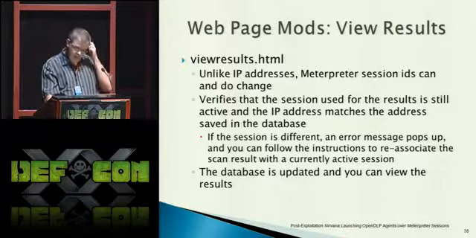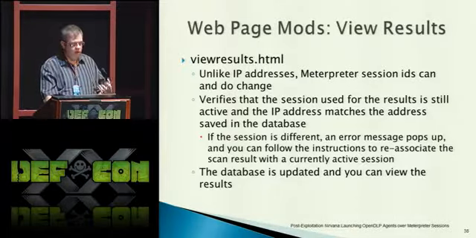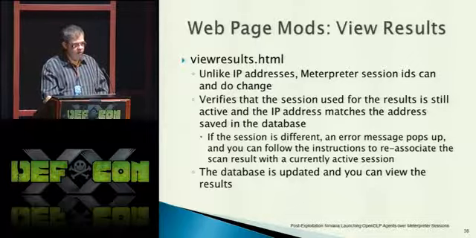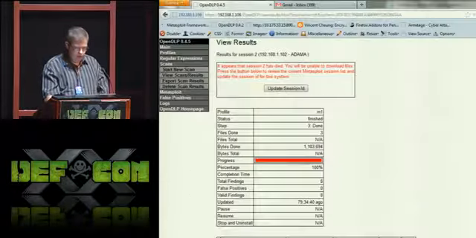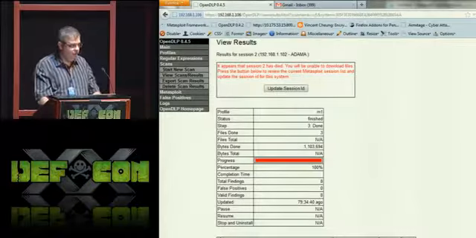So I created a page here that in View Results, it checks to see if the session is currently active, and if it is, if the IP address matches. If neither of those conditions are met, it'll give you a little warning message and a button that will allow you to update. I can show you here. See, the session IDs are mismatched.